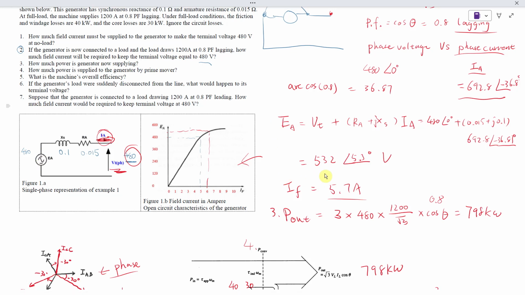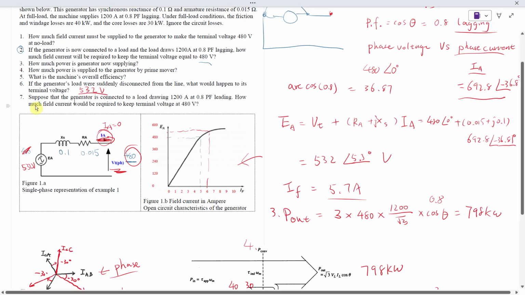And at that moment, you have 532 volts internal voltage, and suddenly there's no voltage loss because the current IA equals 0, then your output voltage will be 532 volts, okay? Your internal voltage will be passed to the terminal.